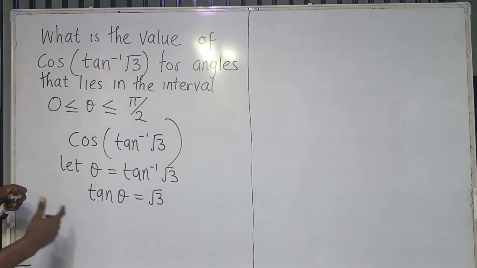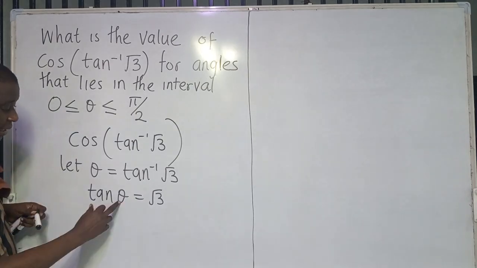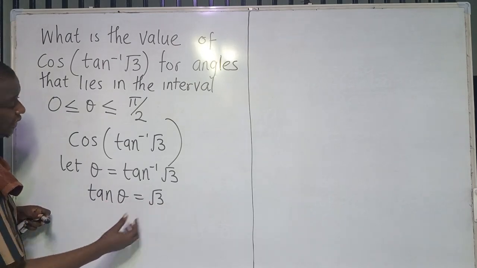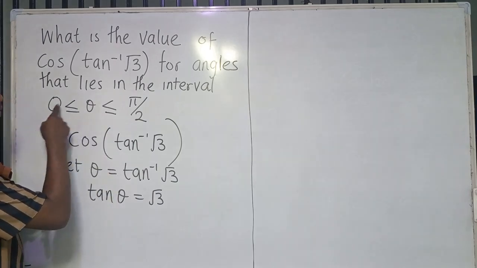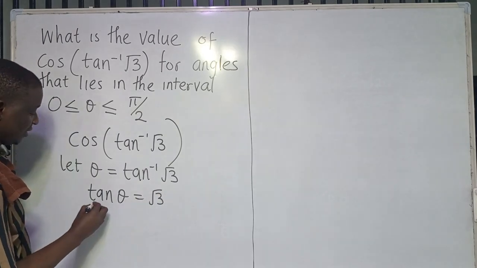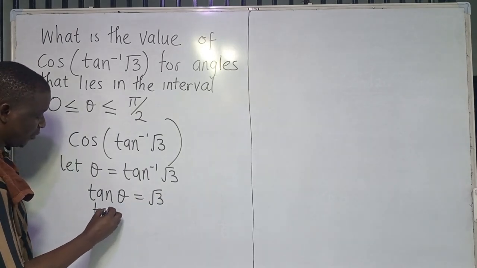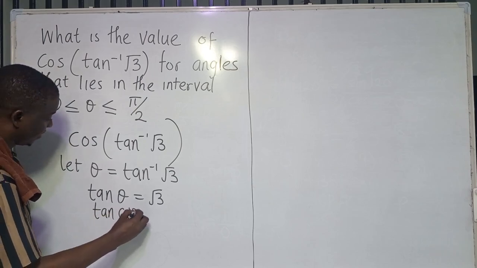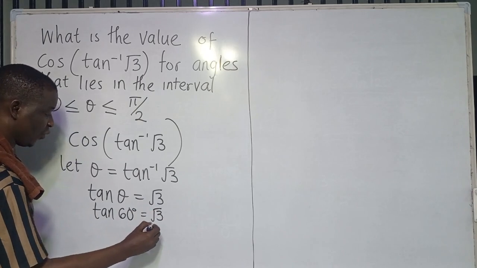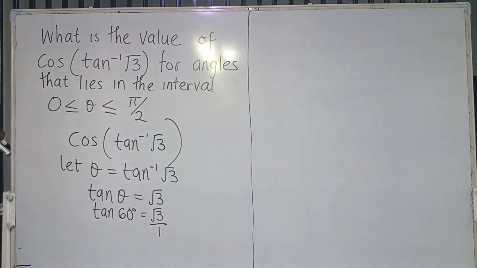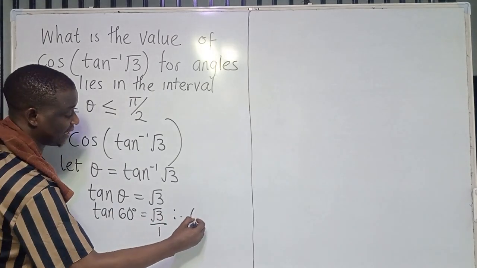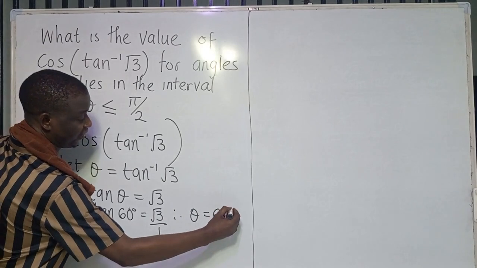If tan theta equals root 3 and it lies between 0 and 180, then theta must be 60 degrees, because tan 60 degrees is root 3 over 1, which is 1.7321. Therefore theta is equal to 60 degrees.